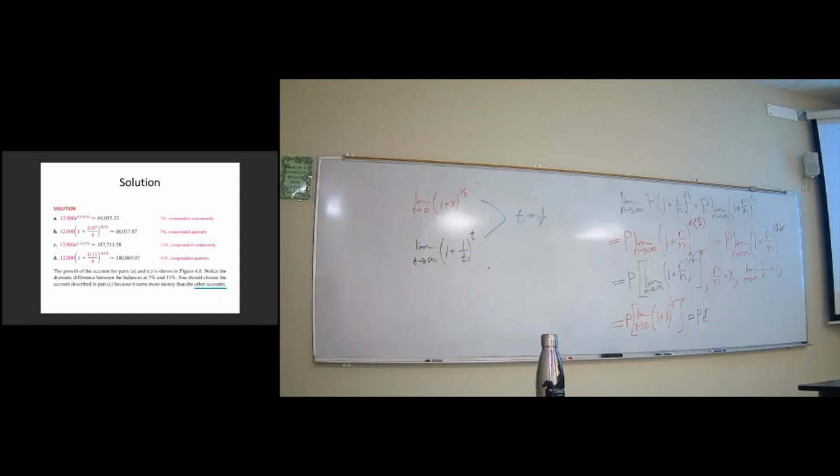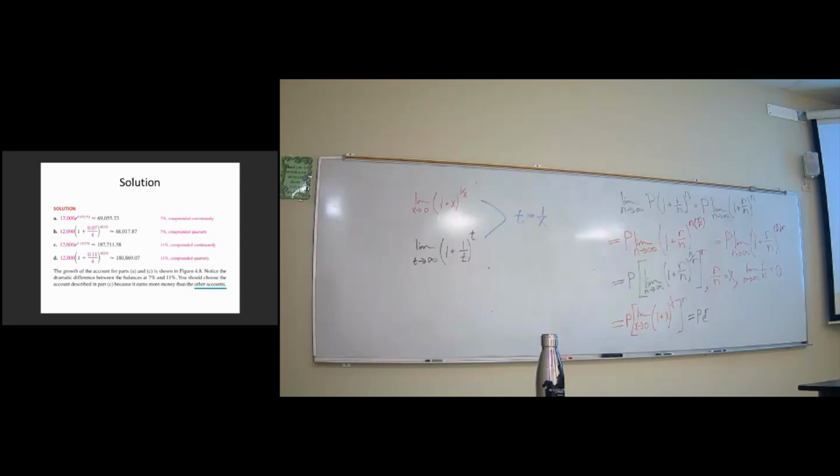At 7% compounding continuously, you got 69K out of that. So 12K turned into 69, that's not a bad turnaround. Compounding quarterly, you get 68K, that sucks compared to that continuous compounding. At 11%, you get 187K compounding continuously.